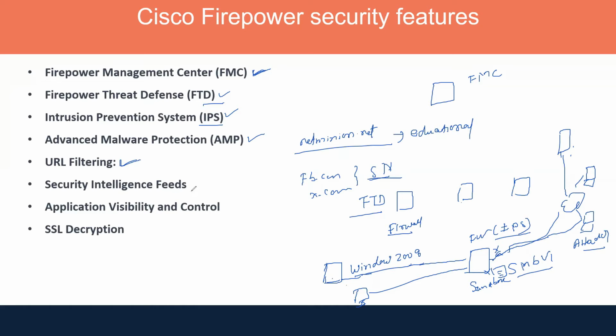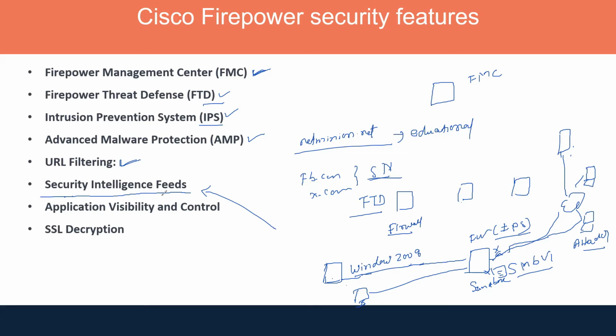In Cisco Firepower, we have security intelligence feeds. So basically, what is this? Cisco Firepower has the capability to get intel from different sources, and based on the intel, it is able to live detect whether a user, IP, or domain is malicious or not.